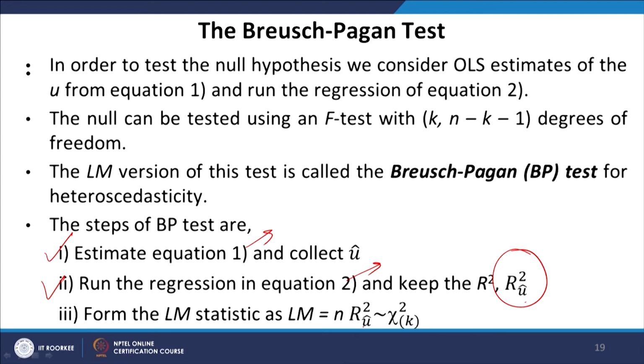Form the LM statistic, which is n times R u hat square. So, the number of observations in the sample multiplied by the R square obtained from regression 2, and this follows a chi-square distribution with k degrees of freedom. So, again depending on the value of the statistic and the critical values given by the chi-square distribution, we may reject or not reject the null hypothesis.